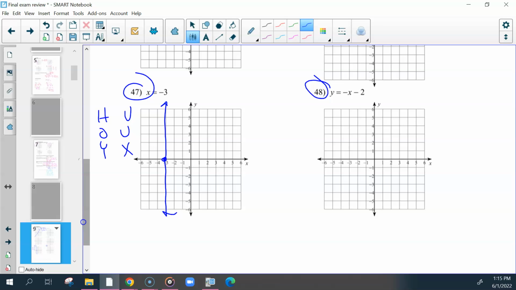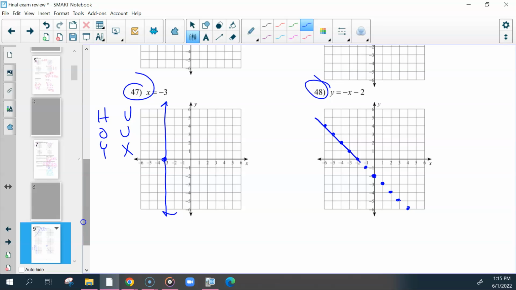And then 48. If we were to start graphing this, it's already in slope-intercept form. We start at -2. Our slope is -1, so we're going to go up 1 to the left 1 as many times as possible. And down 1 to the right 1 as many times as possible.